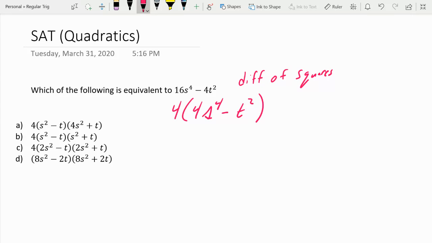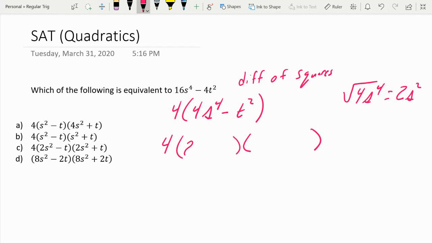Now, talk about doing difference of squares again. I can still do difference of squares there. I can still take the square root of each one, and when we do difference of squares, there's this pattern. The square root of 4s to the fourth is equal to 2s squared.